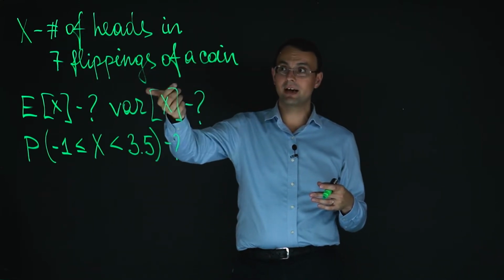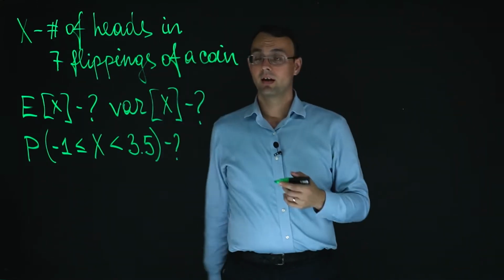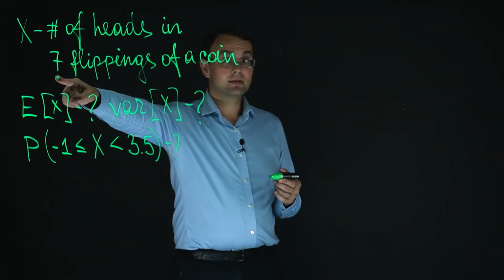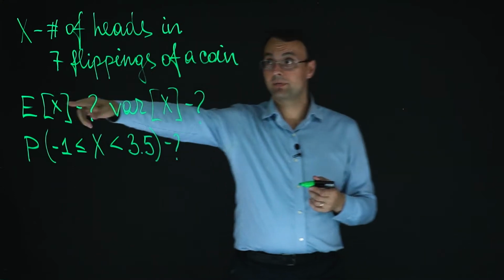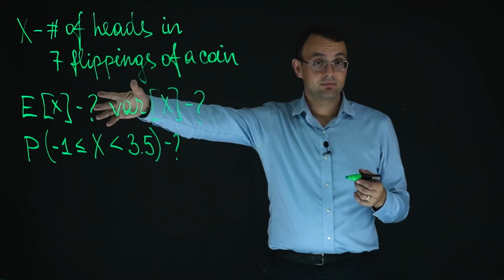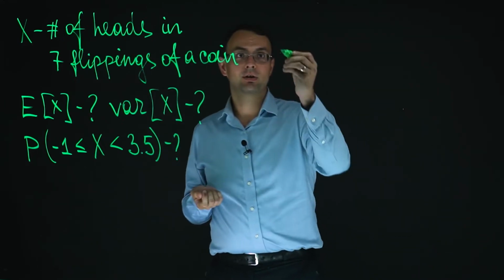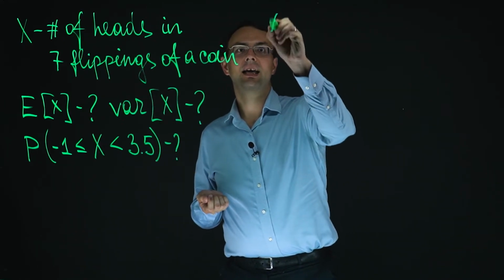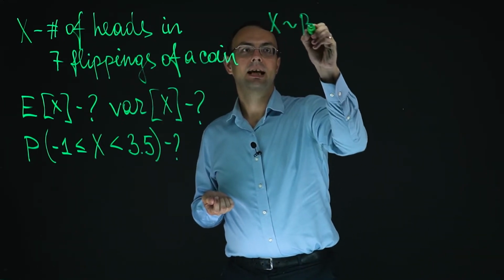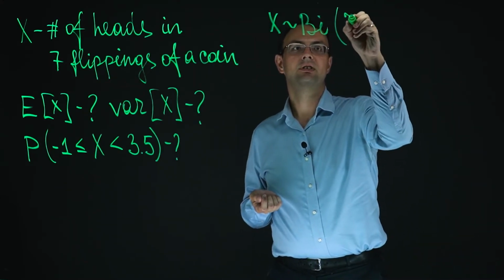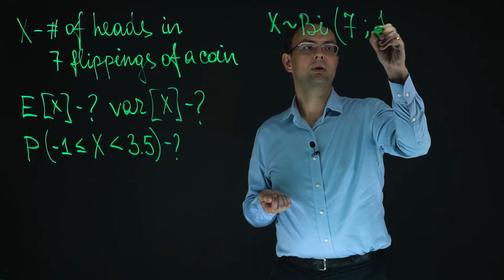Each flipping is a trial and heads is a success. So number of trials is 7 and probability of success is 1/2. We suppose that this is a fair coin. So you say that x has the binomial distribution with parameters 7 and 1/2.